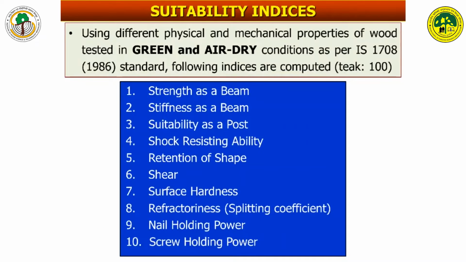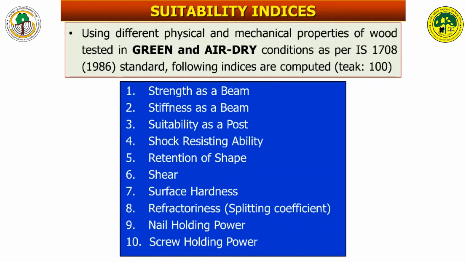Based on these properties, which are generally measured in two different conditions, green condition and air dry condition, we have to compute the suitability indices of a particular species. Here, teak is generally given an index number 100, and based on teak as 100, we compare the other wood property suitability indices.